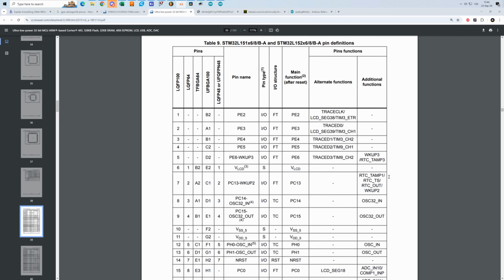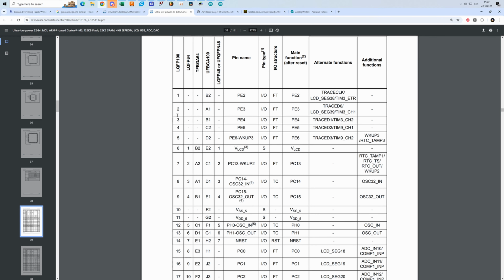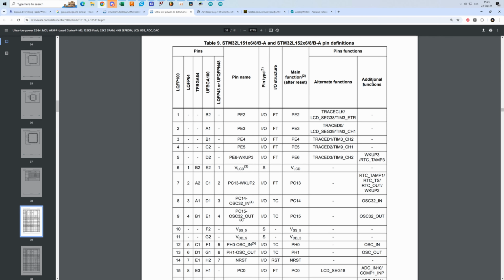So here is the pin descriptions of the STM32L151. We can see these are the pin numbers over here, this left column. And here are the main function of the pin and alternate function and additional function. So these are the functions that can be configured for the pin to process.